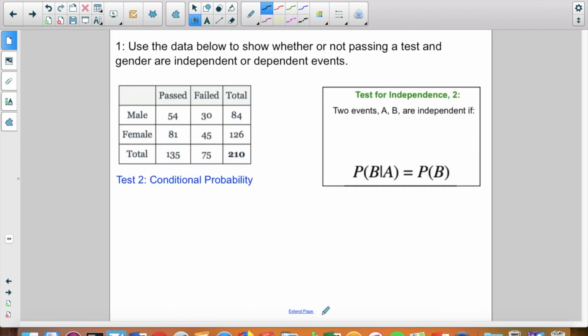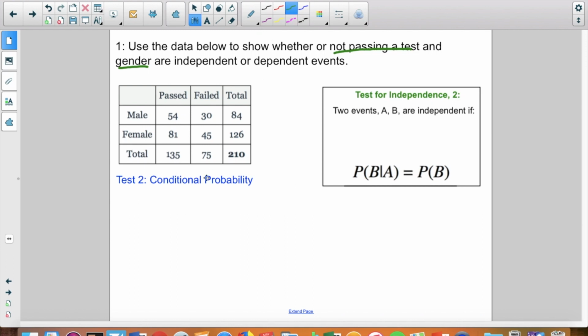Now we're going to use the second independence test with the same data information, the conditional probability one. Again, it says use the data below to show whether or not passing a test and gender are independent or dependent events.